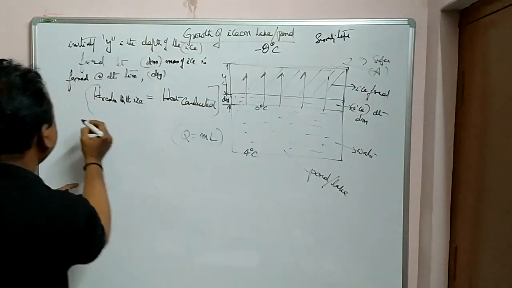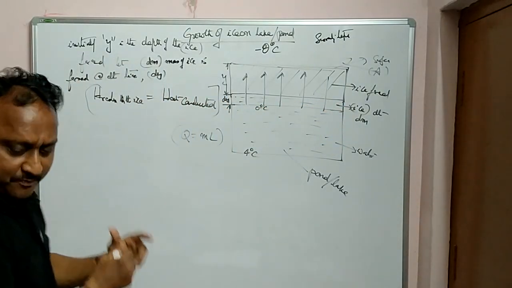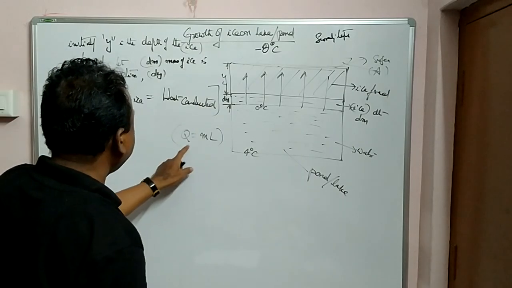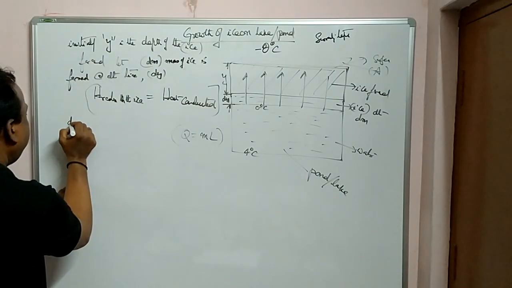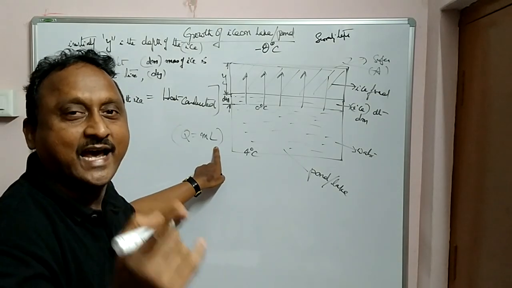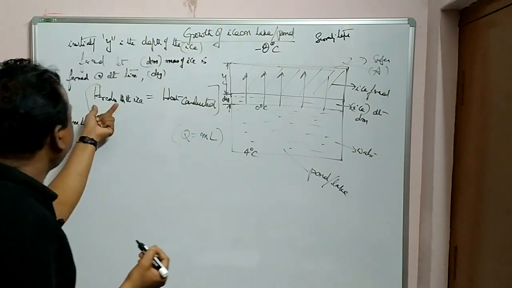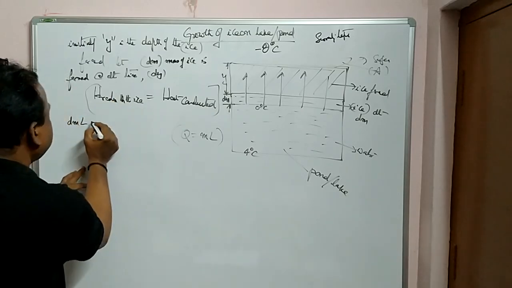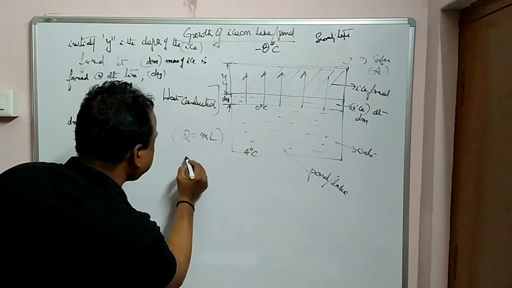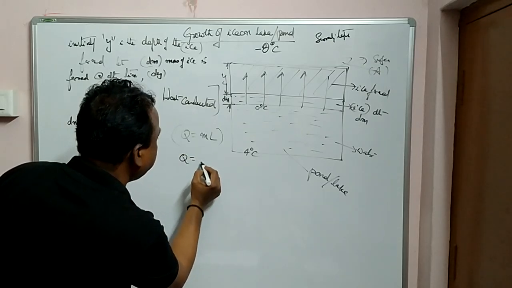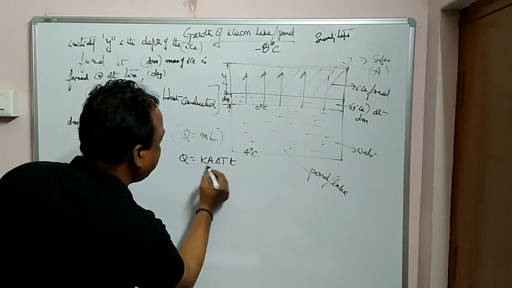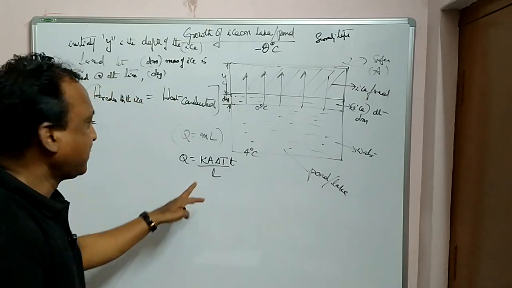The mass dm. So Q is equal to dm into L, where L is the latent heat of fusion of ice, 80 calorie per gram in CGS. So heat released by the ice is equal to heat conducted. What is the conduction formula? Heat conducted Q is equal to K A delta T into t by l. This is the formula.